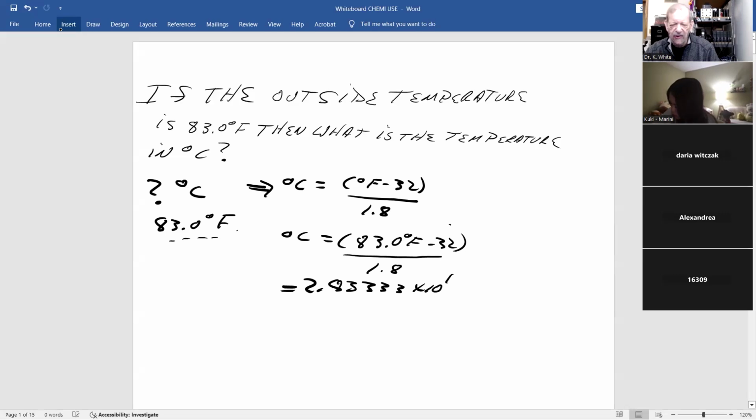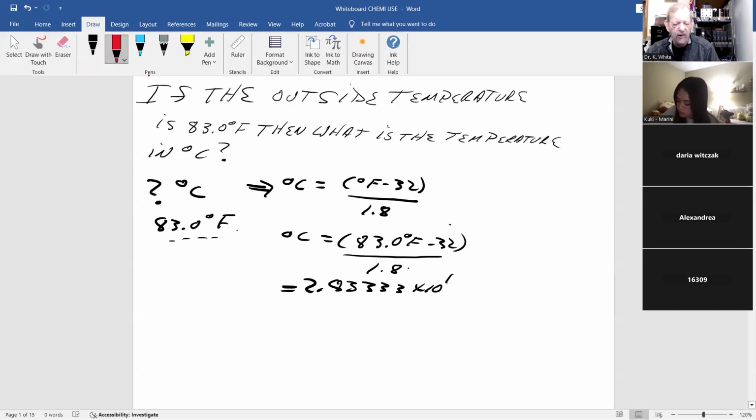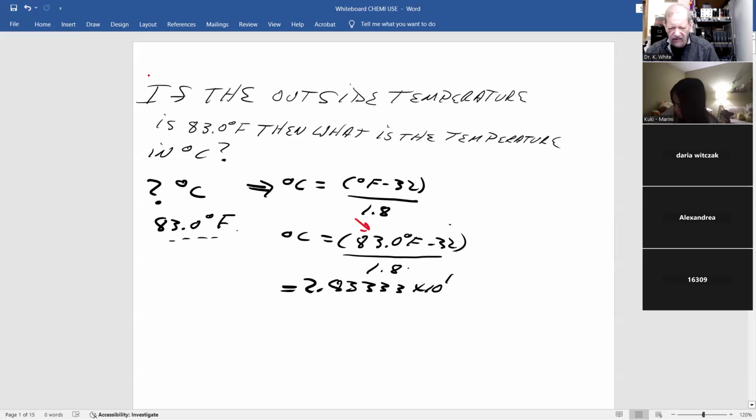The 32 and the 1.8 are exact numbers, and the only number that we use to determine the significant figures is 83.0, and that's 3 significant figures. So we now have to round off our answer to 3 significant figures. If not, I'll take off a point.